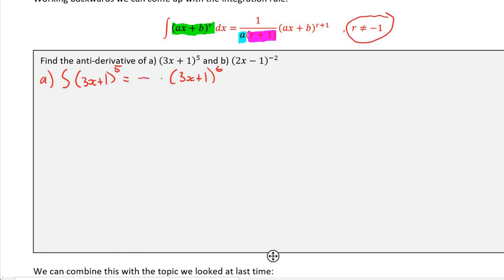In front of the brackets, we'll then divide through by that new power. So we're dividing through by 6, and underneath that fraction, we're timesing through by the derivative of the inner. And I just realized I highlighted the wrong thing there. How embarrassing.